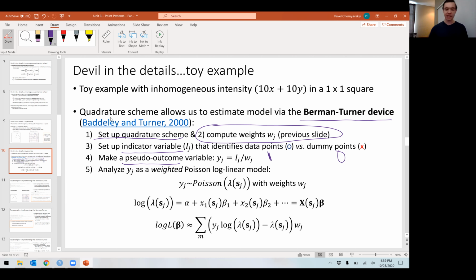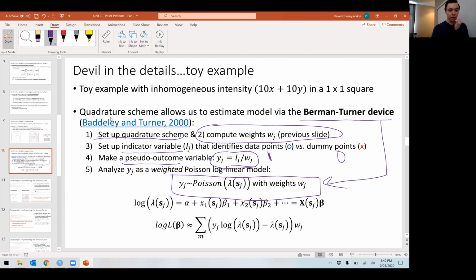Where was this particular type of fish? Where was there a collar of depth? So you're going to make a pseudo outcome variable by taking your indicator variable and dividing it by the quadrature weights. So now you have a variable, and you're going to just go ahead and analyze it as a weighted Poisson model. That's the beauty of the Berman-Turner device.